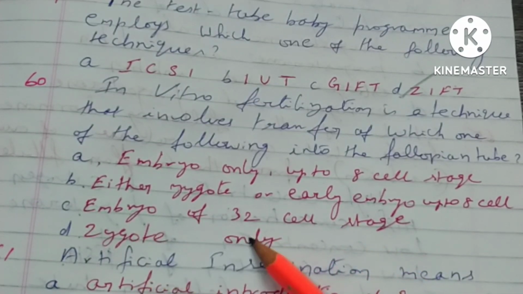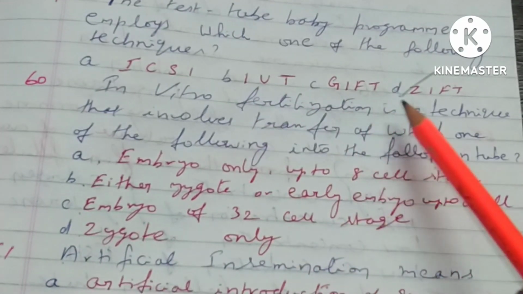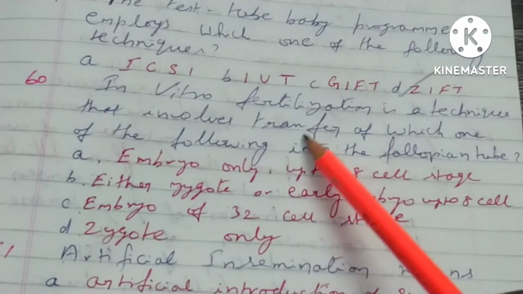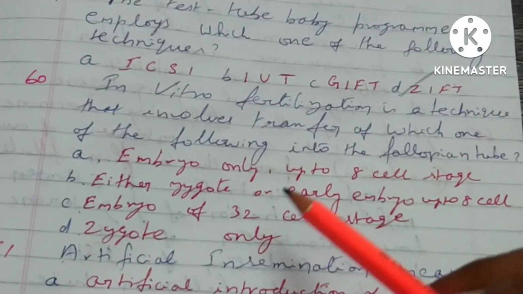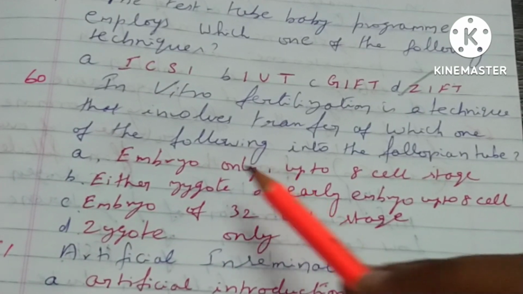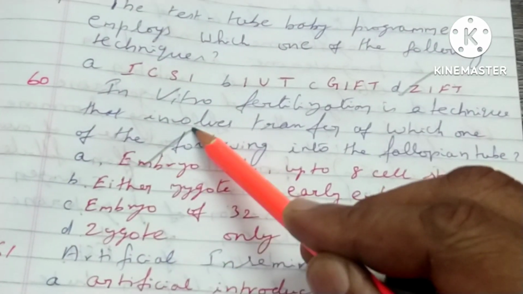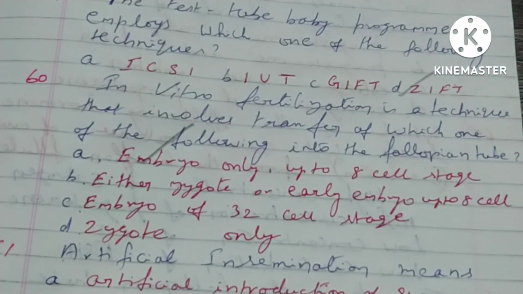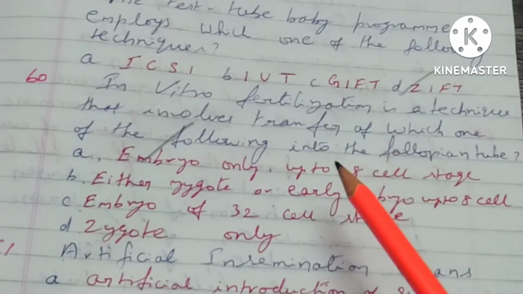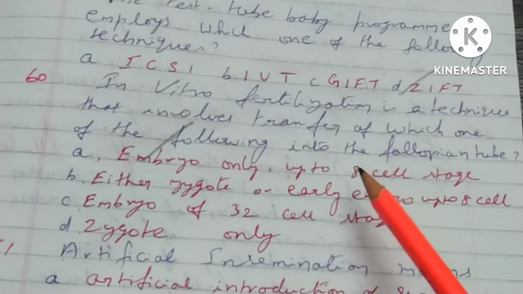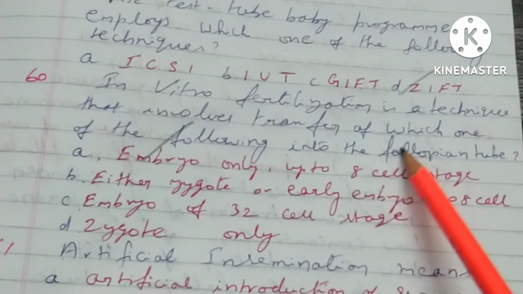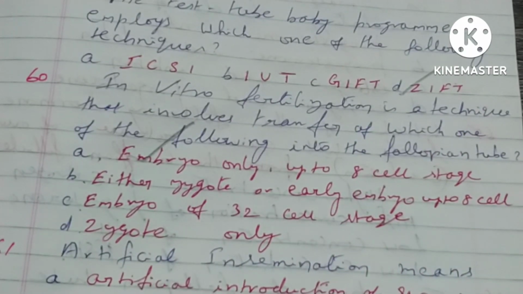Option D, zygote only. In vitro fertilization involves transfer of embryo only up to 8 cell stage into the fallopian tube is the answer.